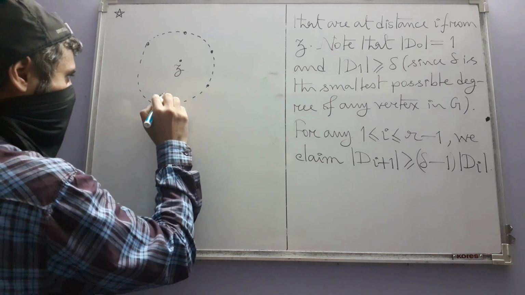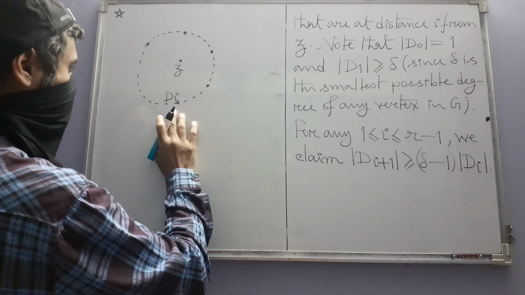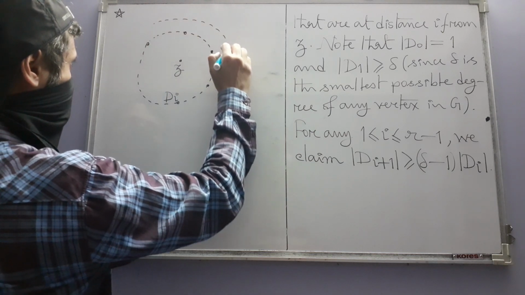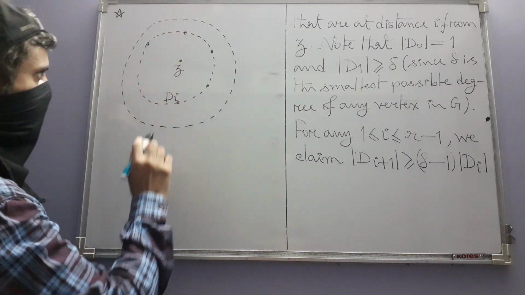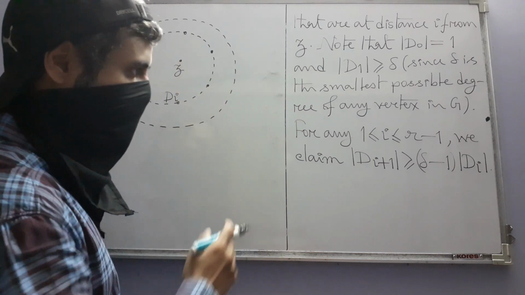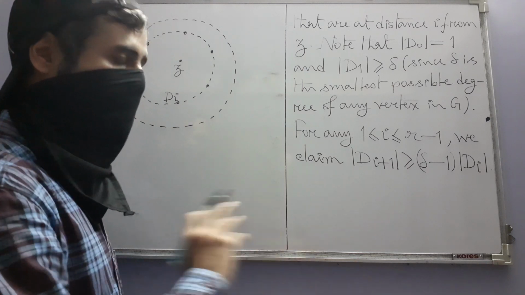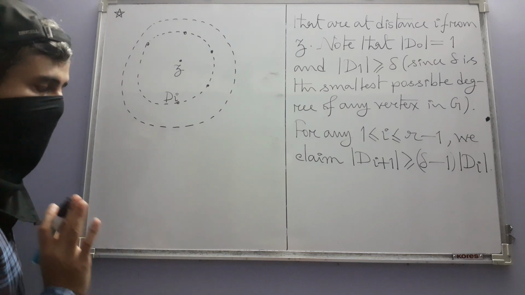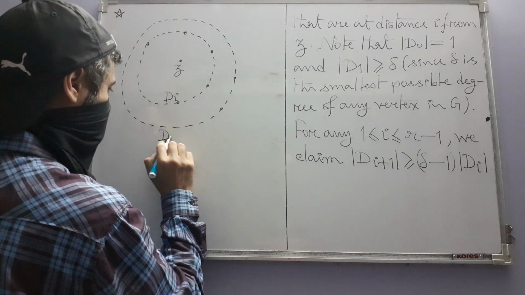After this Di level, you can call this level I also, we have the next level, Di plus 1, which according to distances from the central vertex Z consists of those vertices that are one step further away from Z than the vertices in Di are. So here also you have some vertices. So this is the I plus 1th level.